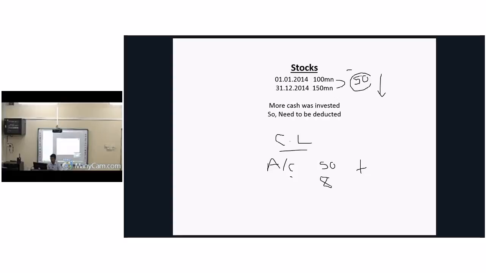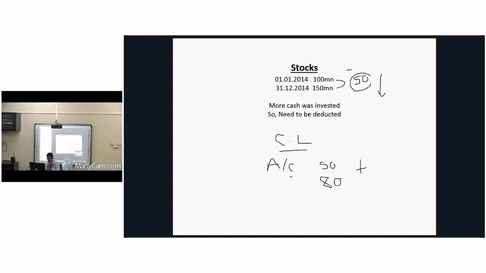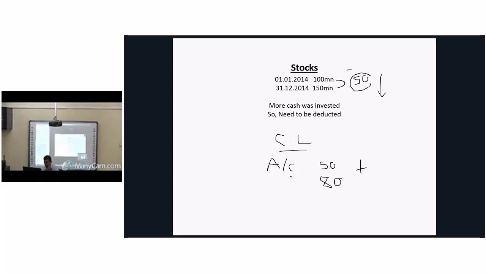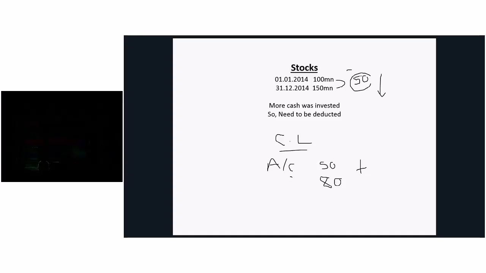What do you mean by that? Just think about it. 50 million has gone up to 80 million by the end of the year. Accounts payables, that means we would have purchased more stocks. That's why it has gone to 80 million.